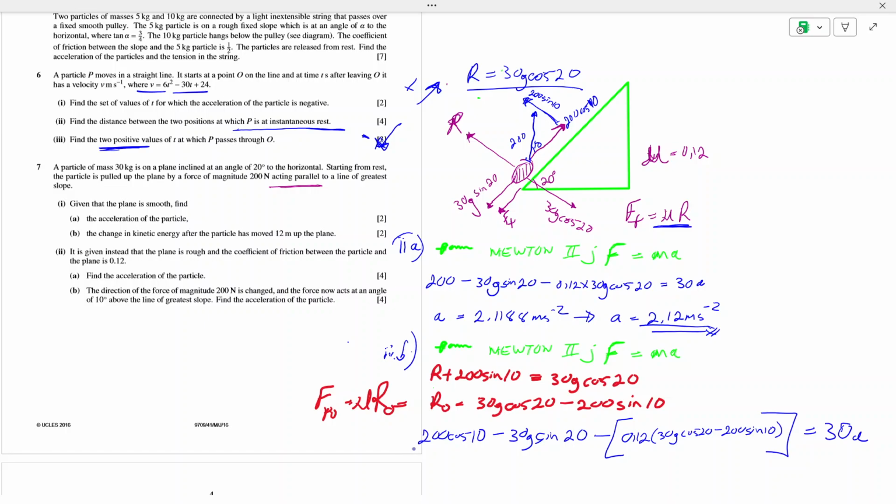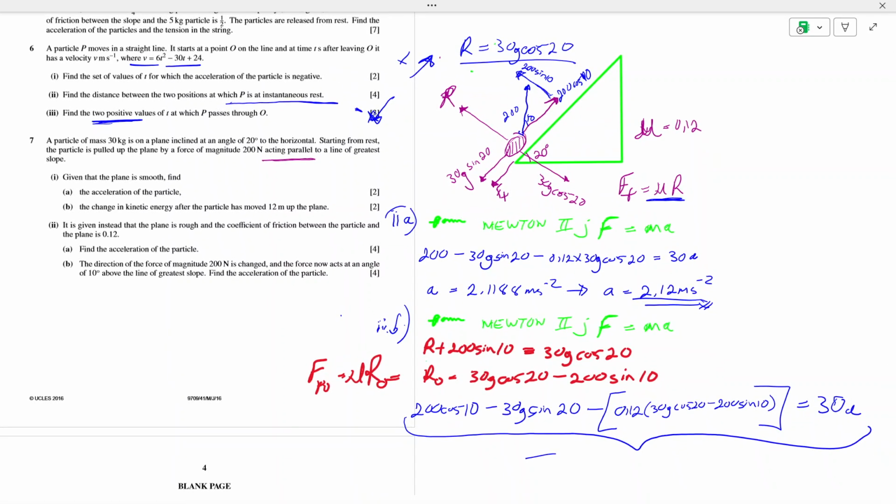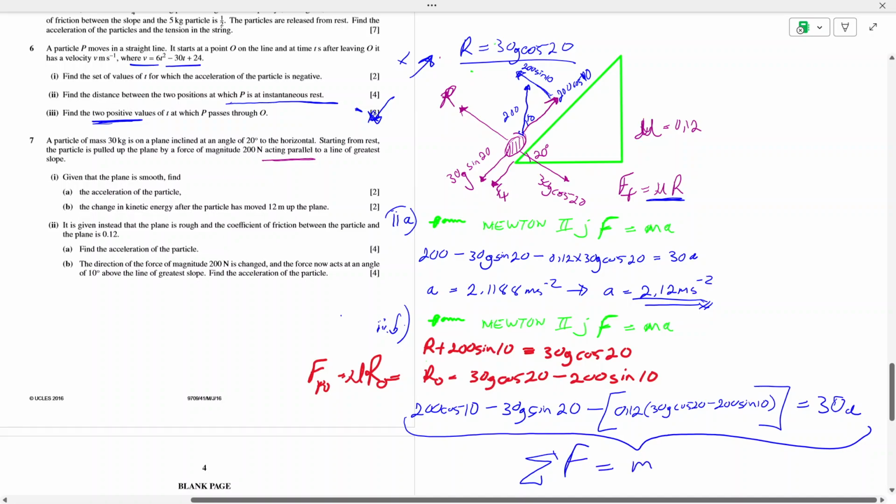Where is this formula coming from? It's coming from Newton's second law, which says the summation of the forces, or the resultant force, is going to be equal to mass times acceleration, right? So I'm just going to find the resultant force of all the forces acting on the particle, right?